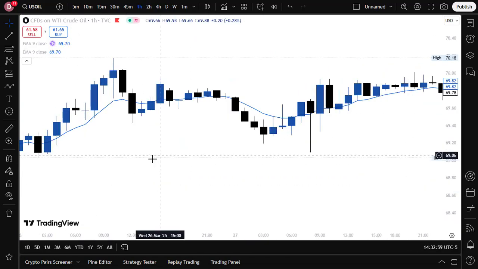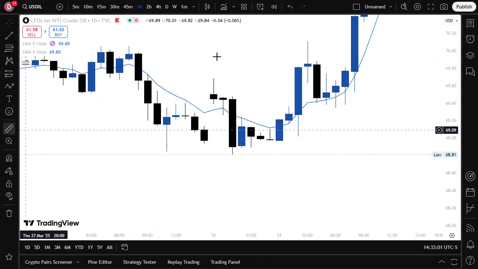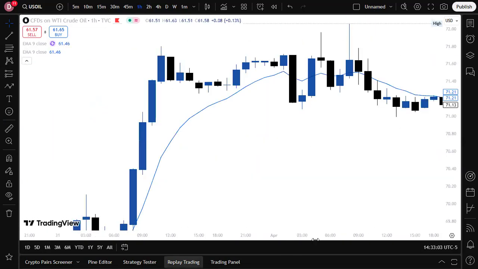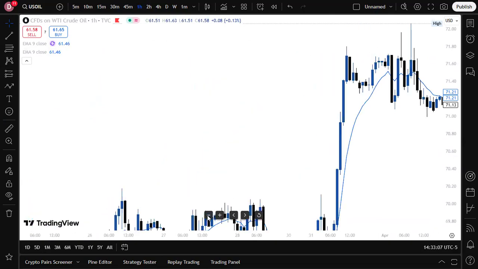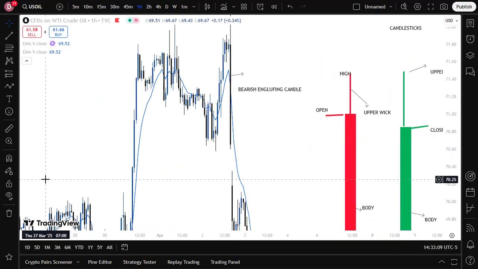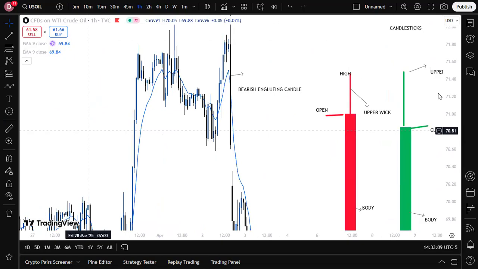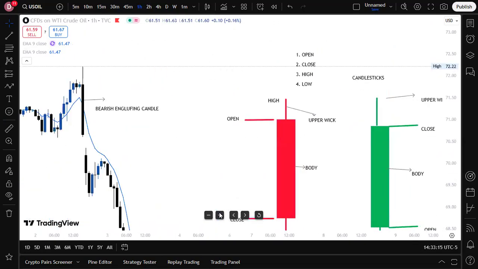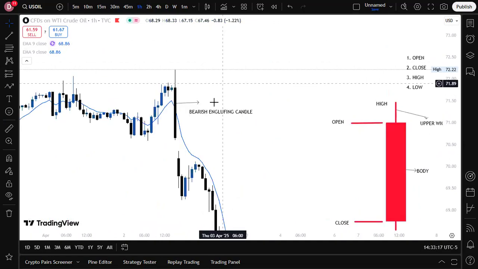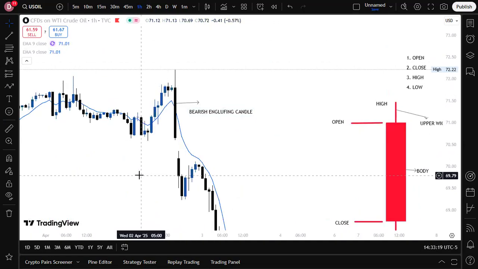This is also an example of a bearish candle. So let me zoom out. Then this is also an example of a bearish candlestick, and that is also an example of a bullish candlestick.